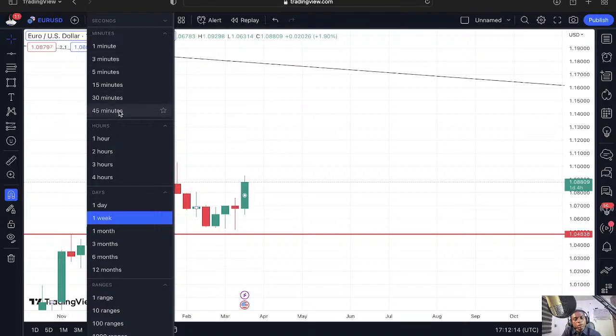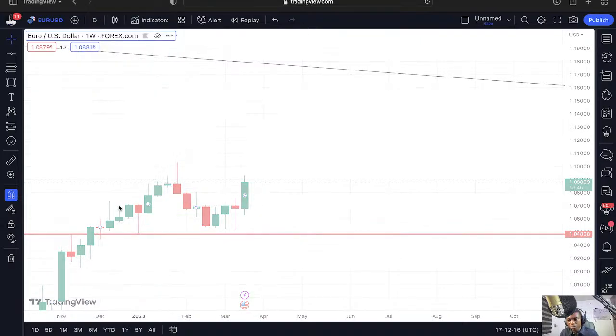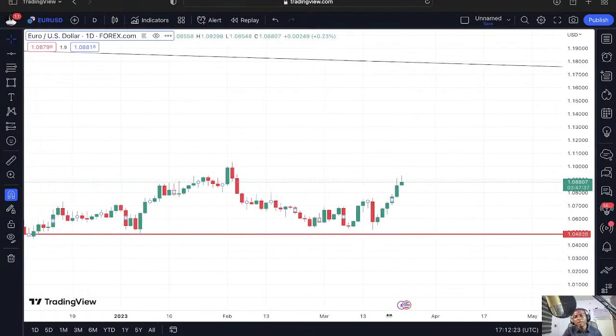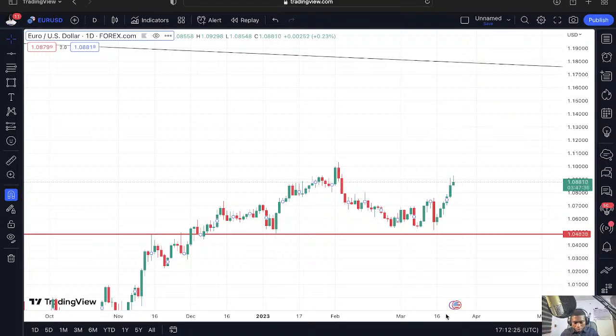Okay, so we go to the daily time frame. Now, more reason why we are using this multiple time frame analysis is because it is very, very important.